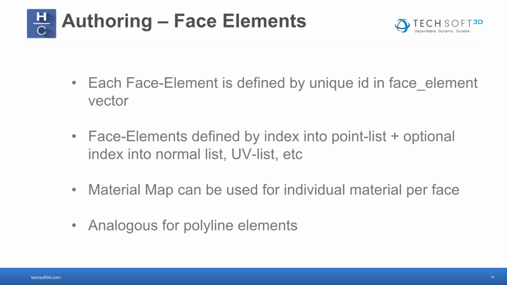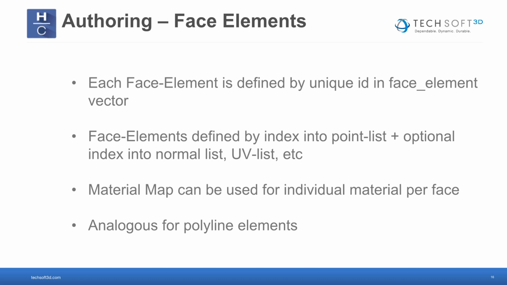So let's say I have a table, or a cube, and each side of the cube I want to be a face element. I would specify for the top the 4 vertices that make up the top of the table. Now that would become face element 1, all right? Because I insert those 4 points into that face element list first.